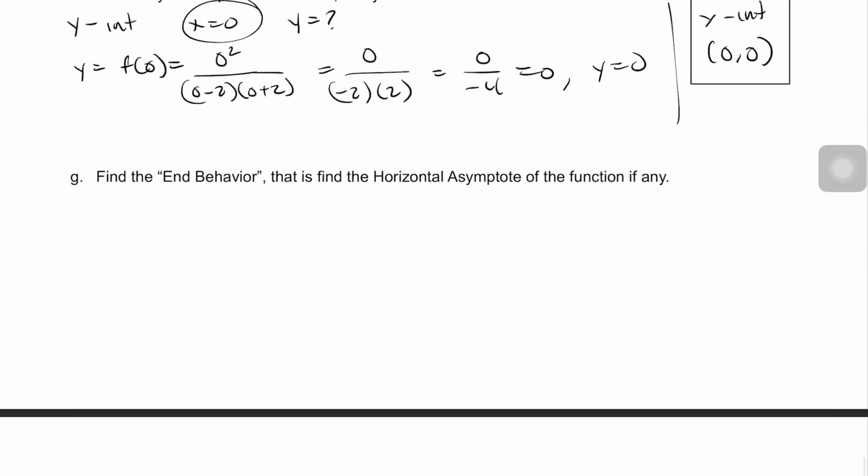And now let's look at the end behavior of this. Here we can just look at those two. As x goes to infinity, infinity squared is just going to be infinity. Infinity squared minus 4, that's nothing. That's still going to be infinity over infinity, right? So it happens to be 1.